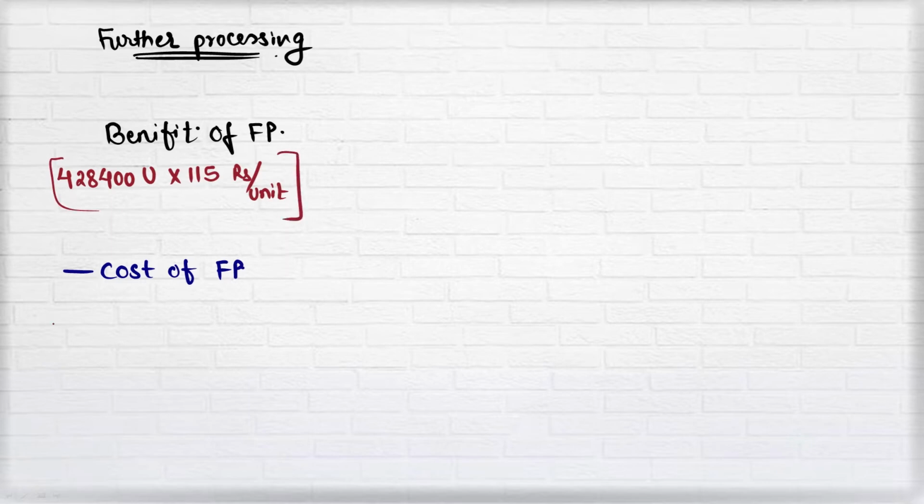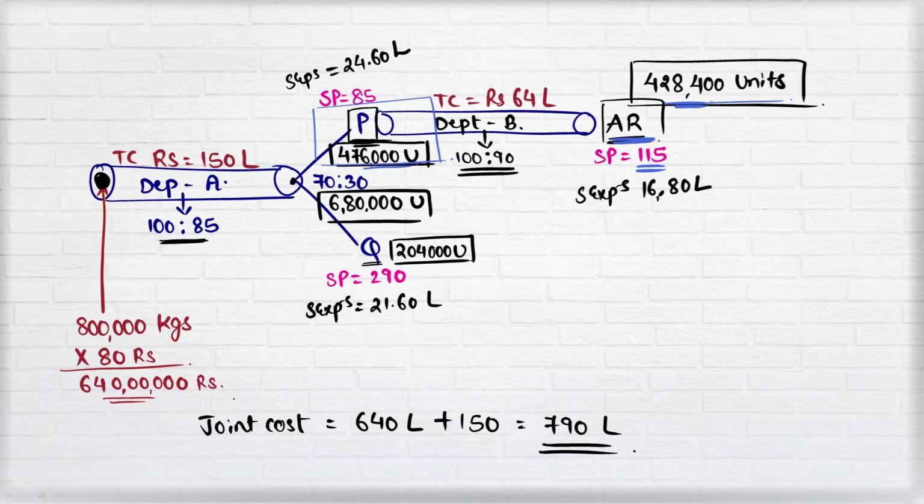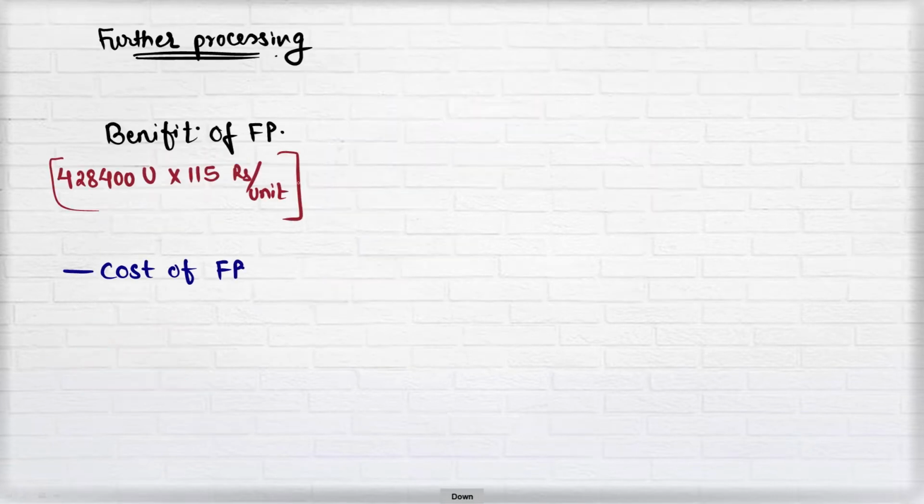This is the selling price which I am going to get. Is it correct? If I further process this product P into AR, I will have to incur selling cost to sell this product, 16,80,000. So I am deducting that, minus 16,80,000.